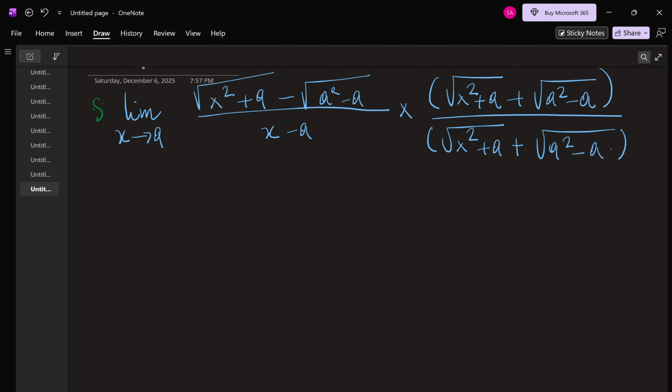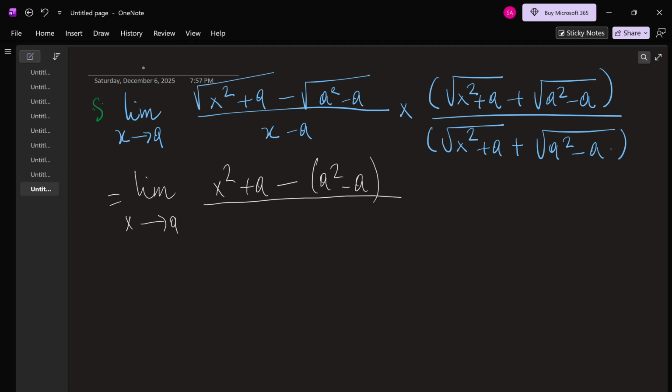This is equal to the limit when x goes to a of x squared plus a minus a squared minus a, all over x minus a times the square root of x squared plus a plus the square root of a squared plus a.